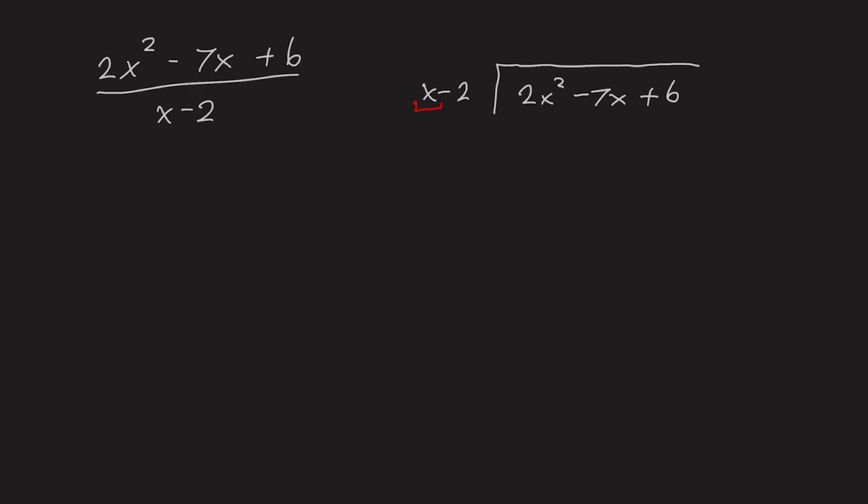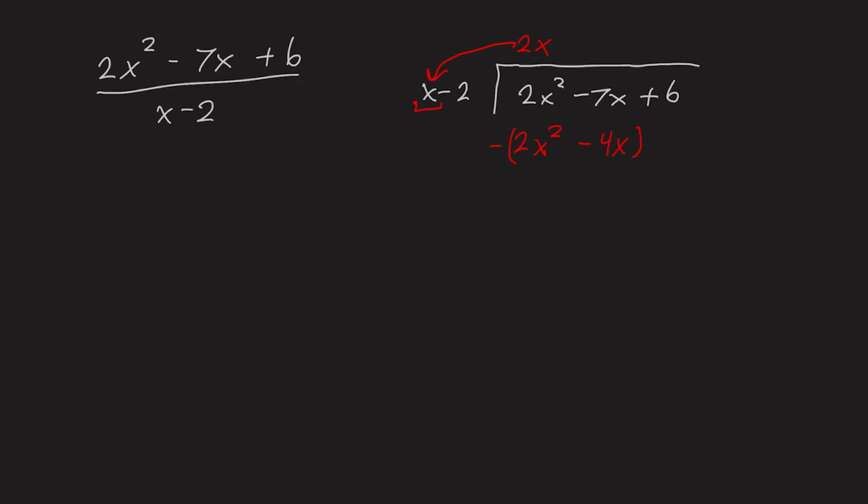I'm going to multiply by 2x, and that is going to be my first number up here. So 2x multiplied by x gives me 2x squared. 2x multiplied by negative 2 gives me negative 4x. So that is my first step of division, my first run through of factoring stuff out.